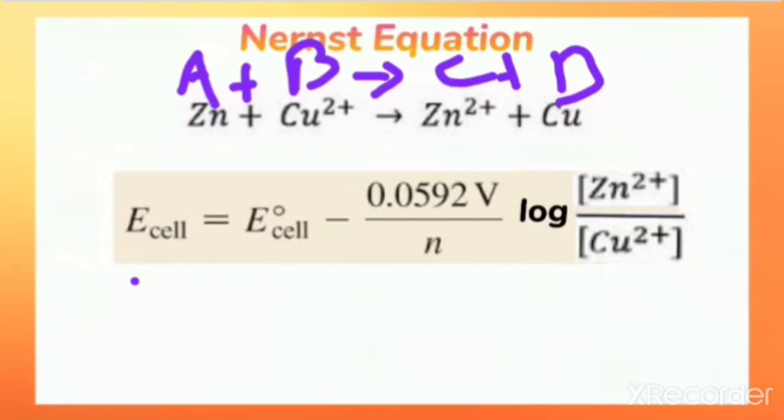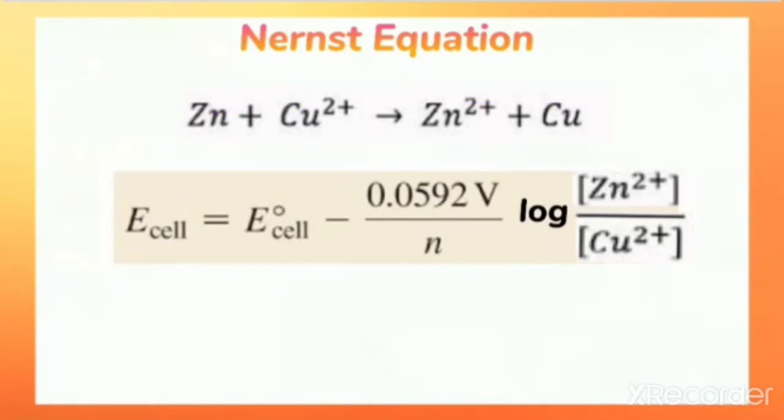That is, E cell is equal to E naught cell minus 0.059 by n log of, we have to remember, concentration of product by reactant, and the stoichiometric coefficient should be in the power.